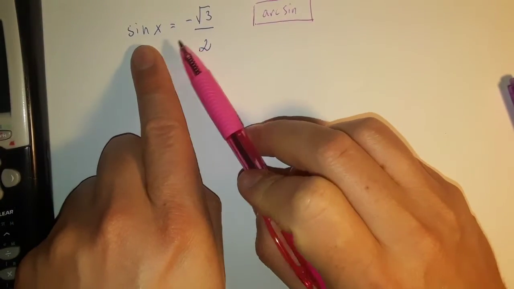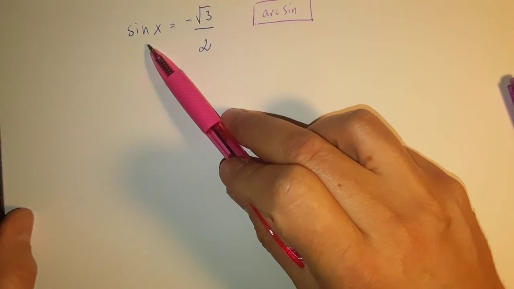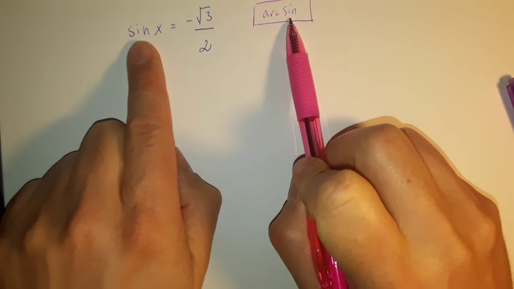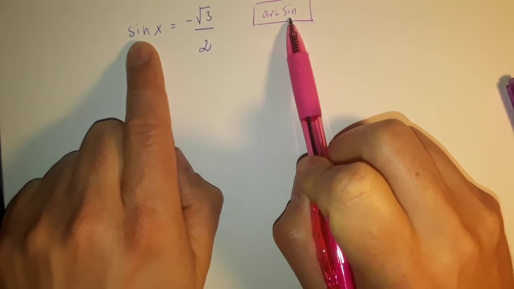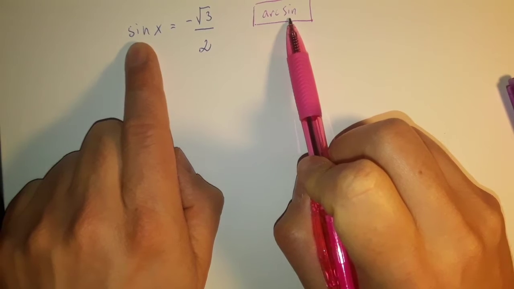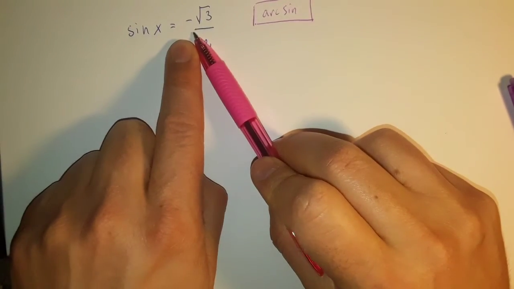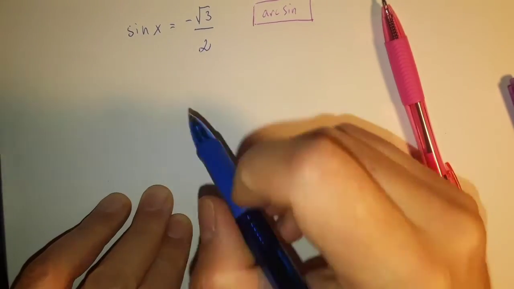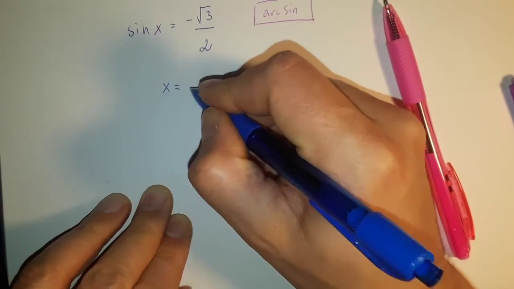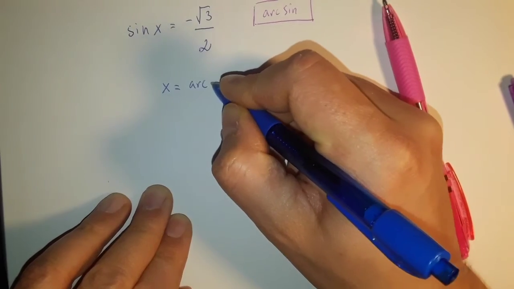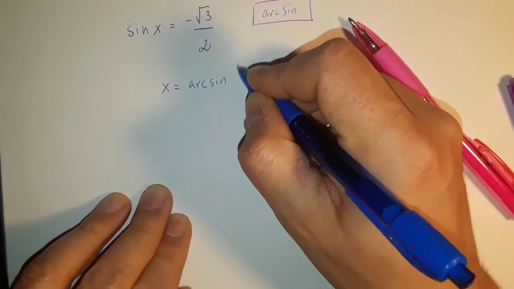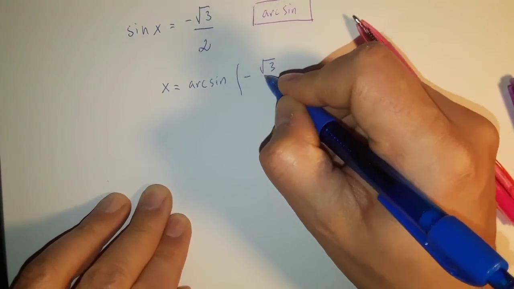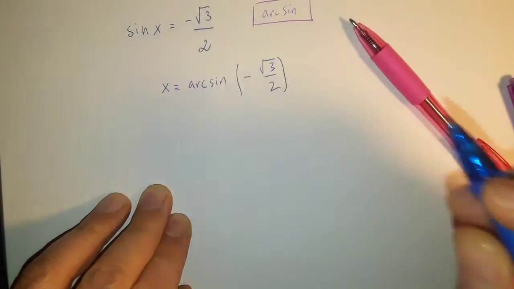When I do that, this vanishes because arc sine is the opposite operation of taking a sine, so it just cancels out, and I'm just going to have x on this side. So it will be the same as arc sine of negative square root of 3 over 2, right?